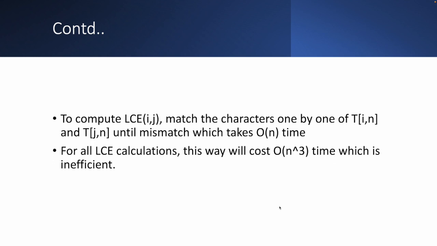This method of doing it is inefficient, and again we can use our observation that when t[i] and t[j] are different, LCE(i, j) equals 0. But otherwise, LCE(i, j) equals 1 plus LCE(i+1, j+1). So essentially, if they are not different, you can just take it from the character and move on.